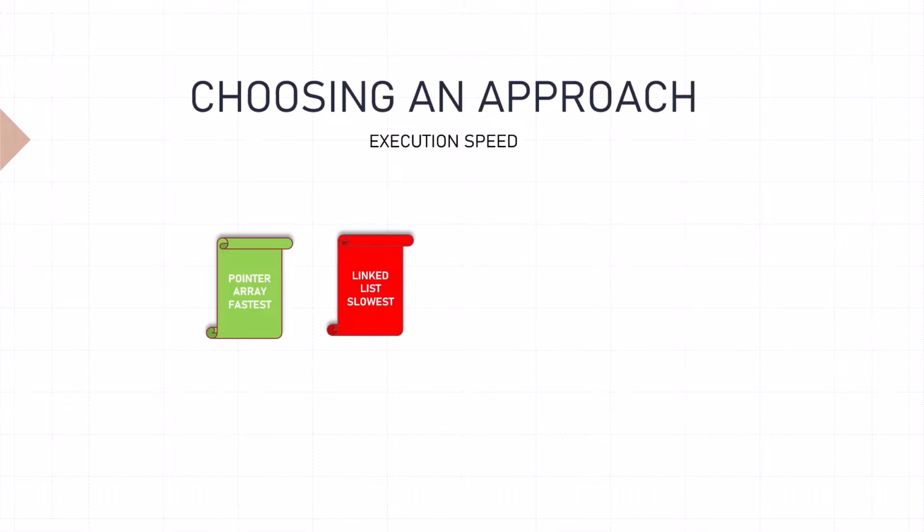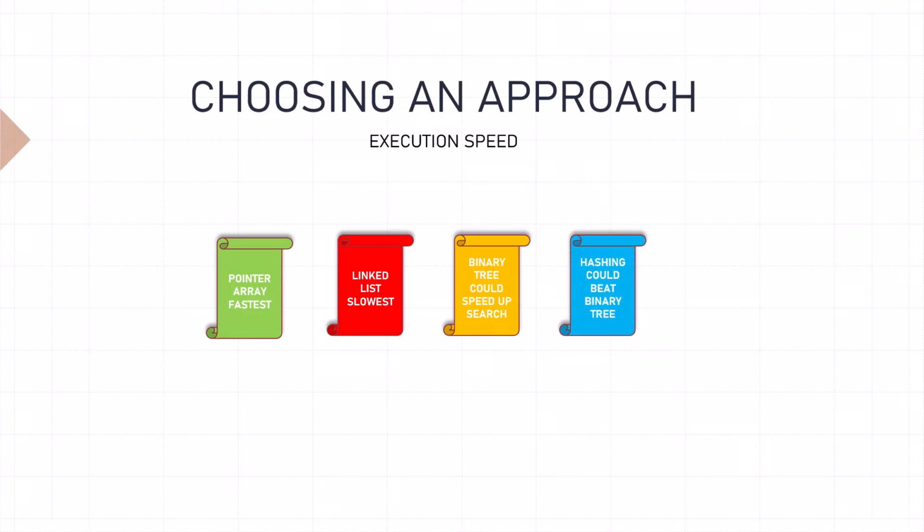The linked list is the slowest approach because we are using a linear search. The binary tree approach would be faster than the linked list approach, of course, because we're using the binary search, but it would never be as fast as the pointer array approach, right? Because again, the pointer array approach provides for direct access.